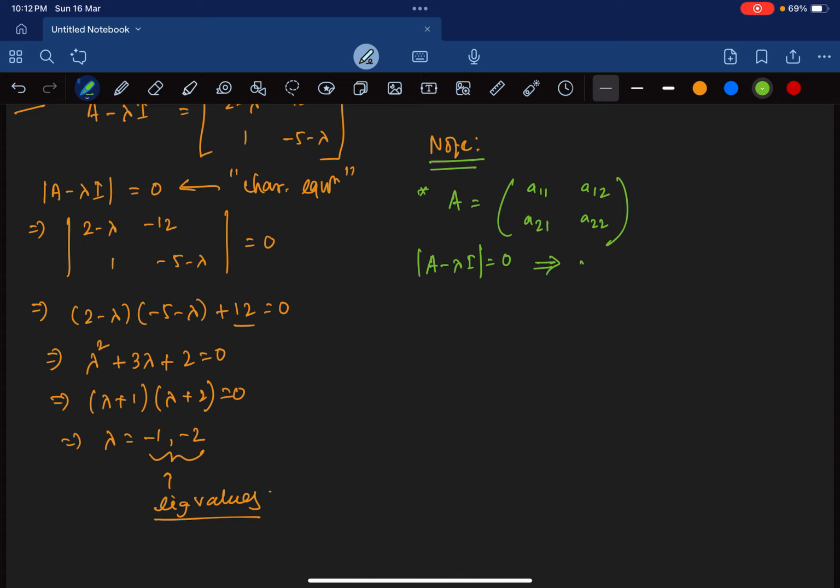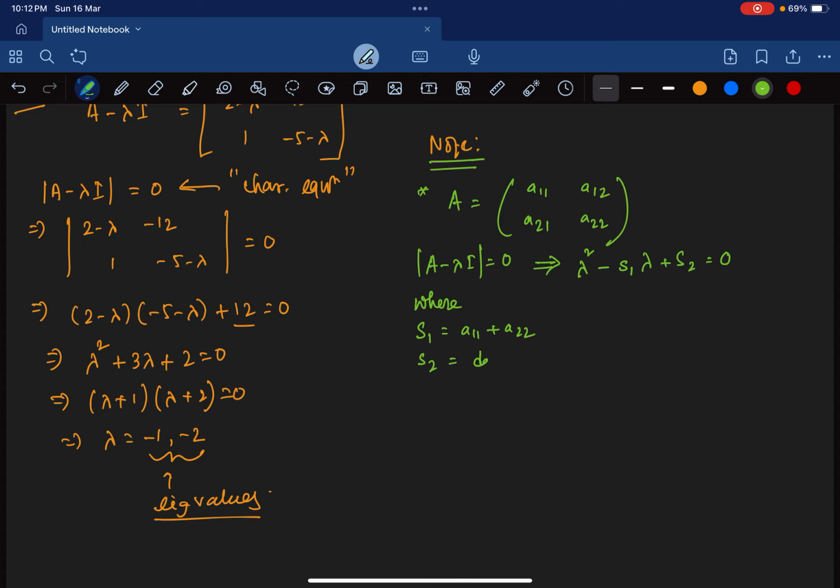Immediately, if you want to write this characteristic equation, it is given by lambda square minus S1 lambda plus S2 is equal to 0, where you should know what S1 and S2 are. S1 is the sum of the principal diagonal entries, that means A11 plus A22.